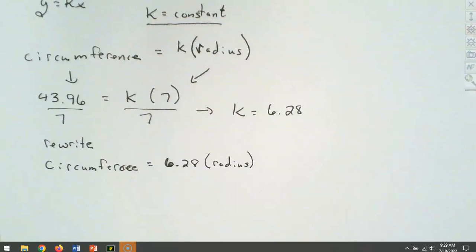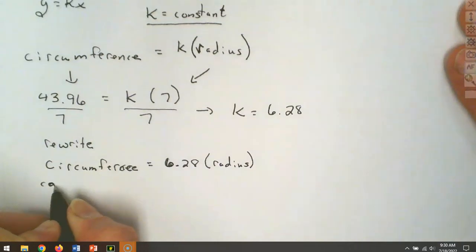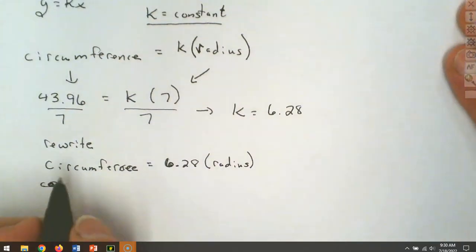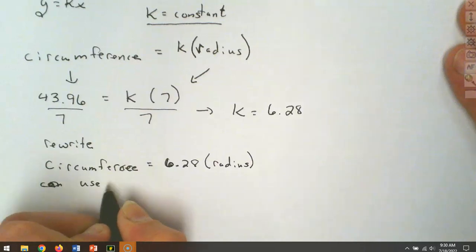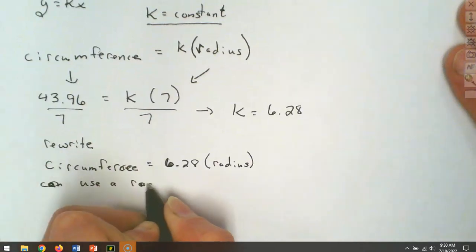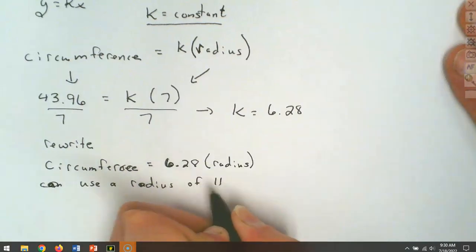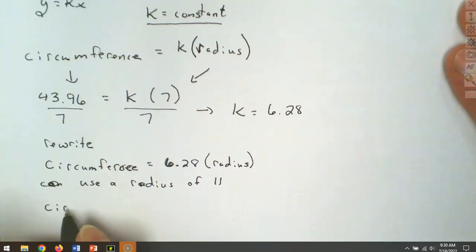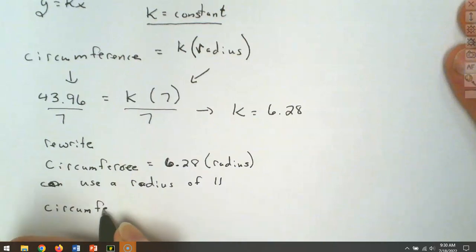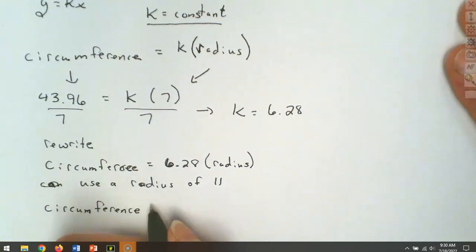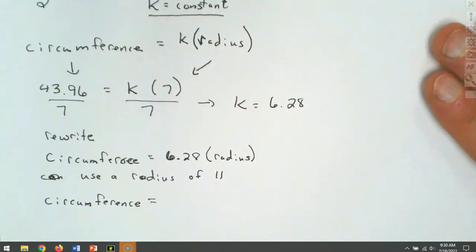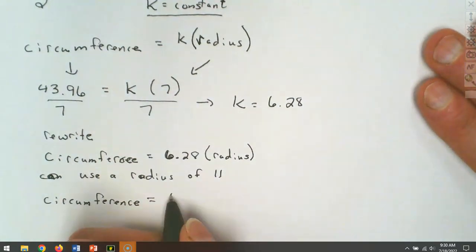Now, what do we want? We're going to change it. It says, find the circumference of the circle if the radius changes to 11. So we're going to change that radius to 11. Use your formula, and now we're going to plug in the value of that radius, which is 11.